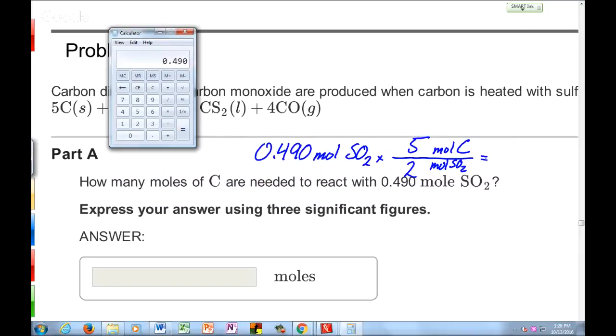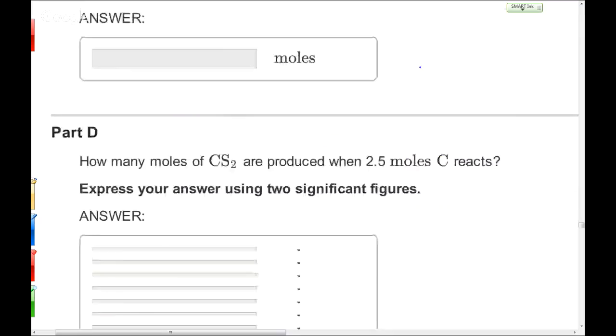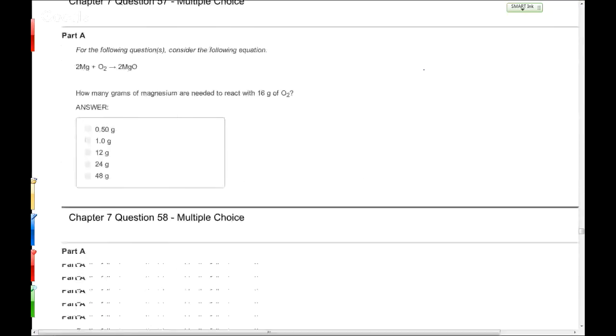So we'll go 0.490 times 5 divided by 2, which gives us 1.23 moles of carbon. Is that what you got? Great. Remember, you can go anywhere in the equation you want with these things. You start with whatever they give you. As long as you know one number and you've got a balanced equation, you can get all of the other ones. It asks some more. You can work on that if you want to keep practicing there.